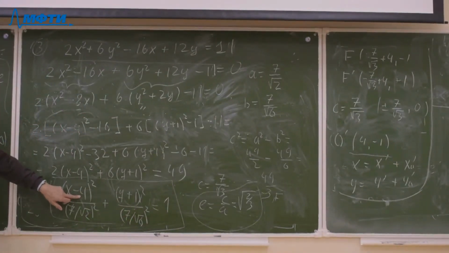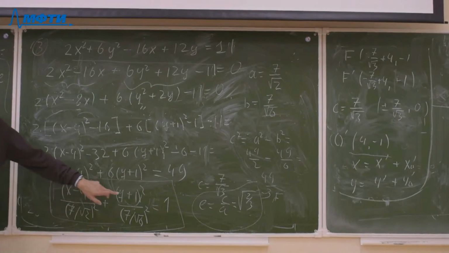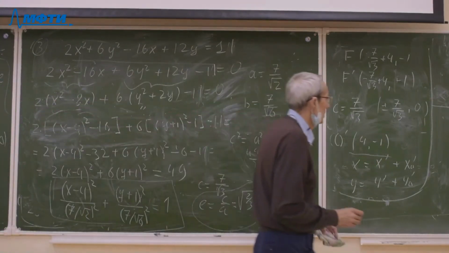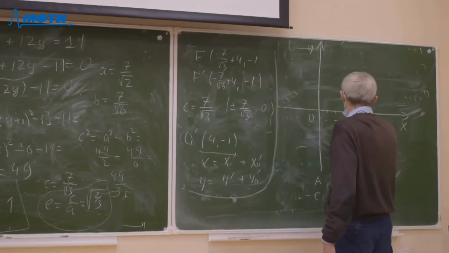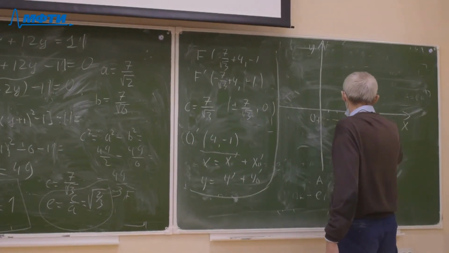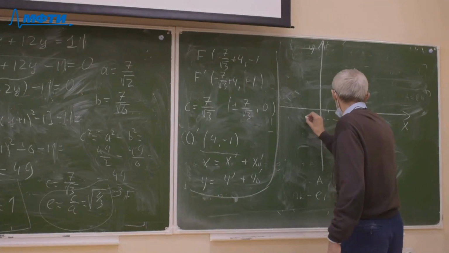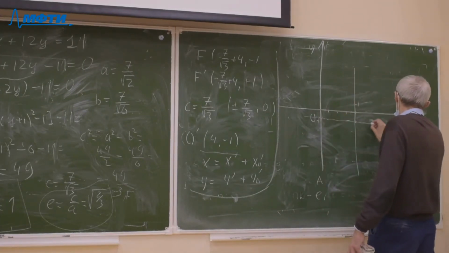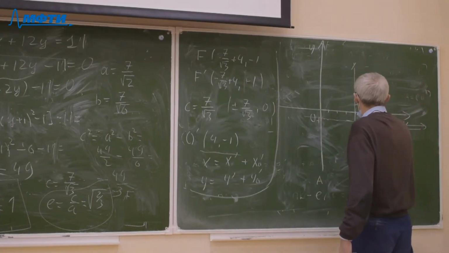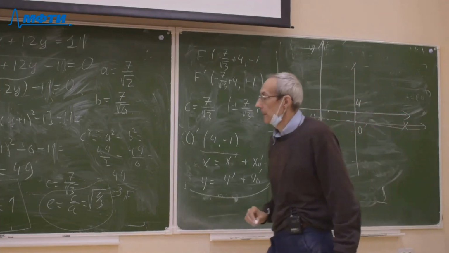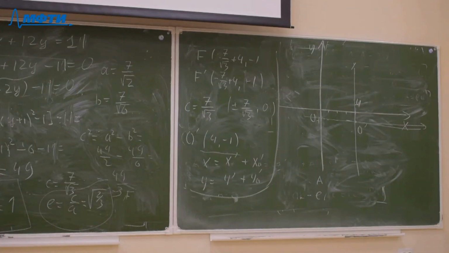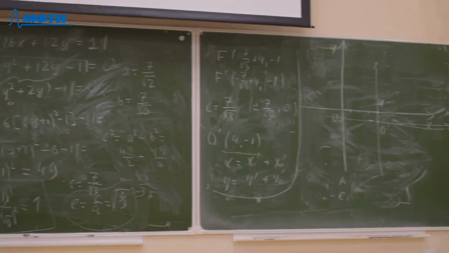The point which has the coordinate 4, minus 1, namely this point, 4, minus 1, is in our initial coordinate system. This is the origin of the new coordinate system.